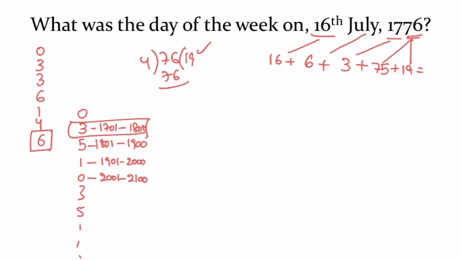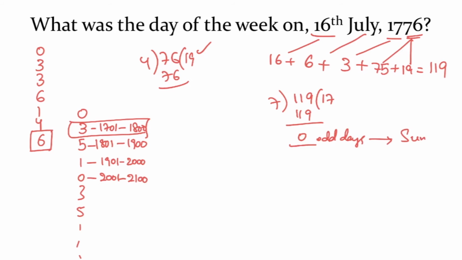Altogether 16 plus 6, 22 plus 3, 25, 25 plus 75, 100 plus 19, 119. 119 odd days divided by 7, 7 17s are 119, 0 days left, and 0th odd day is Sunday. Answer is Sunday.